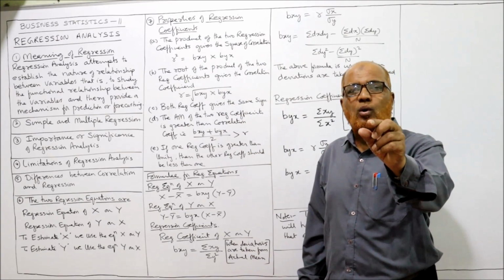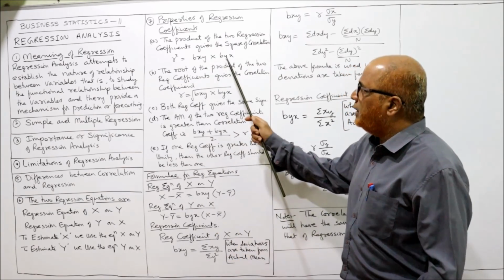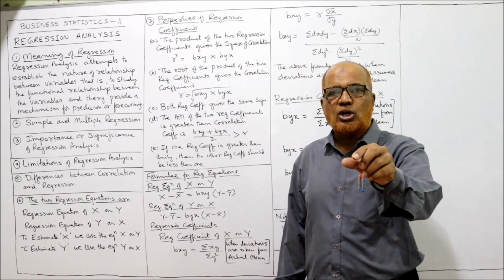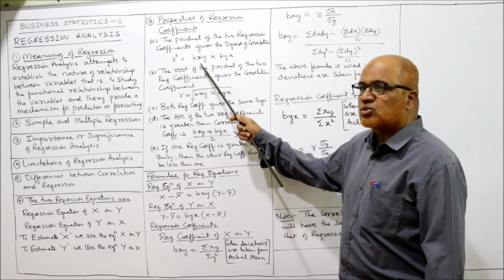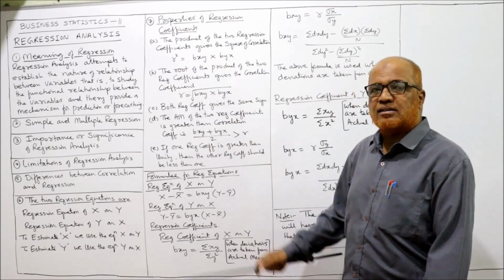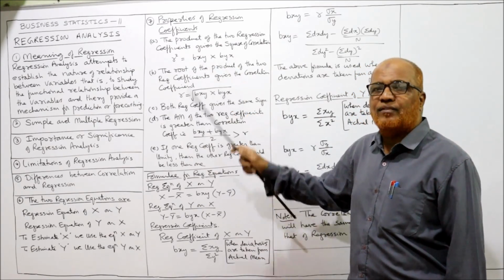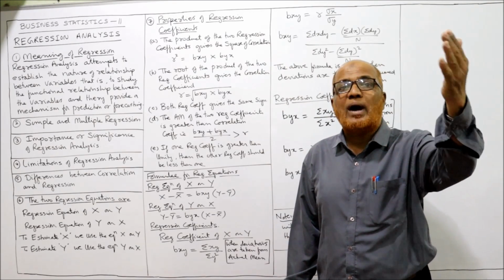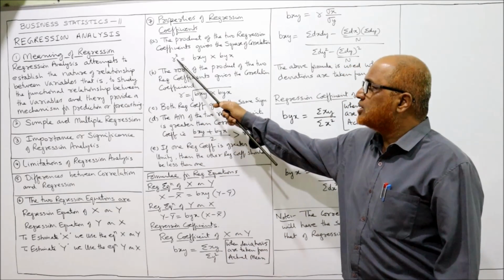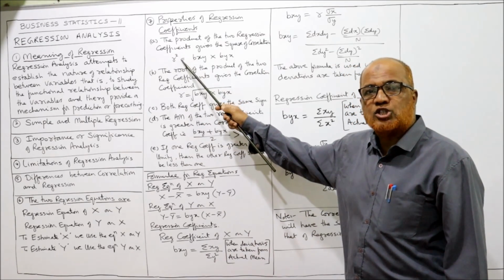Bxy is the regression coefficient of x on y, and byx is the regression coefficient of y on x. These two are the regression coefficients. If you multiply the regression coefficients, you will get the square of the correlation. Square of correlation, first property.